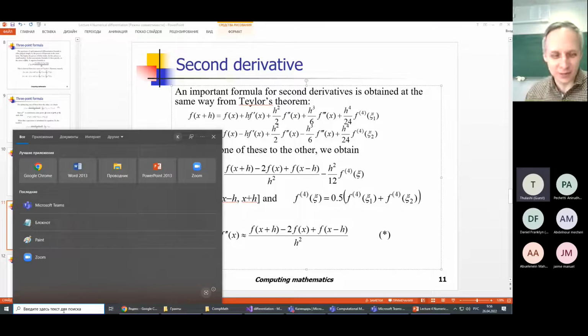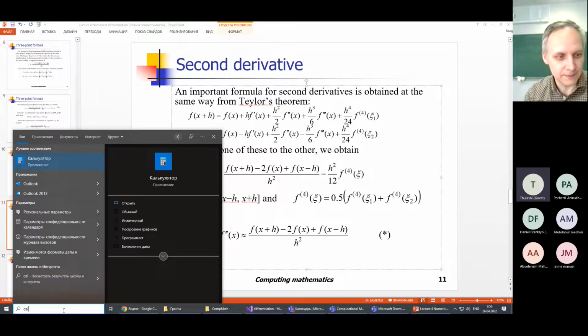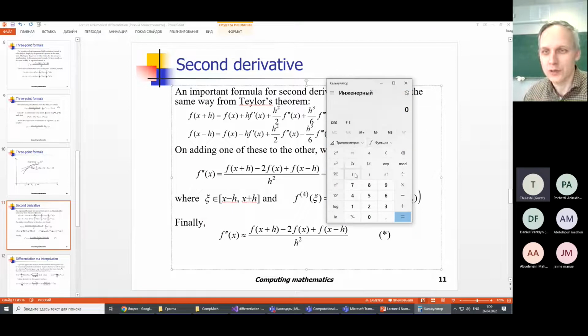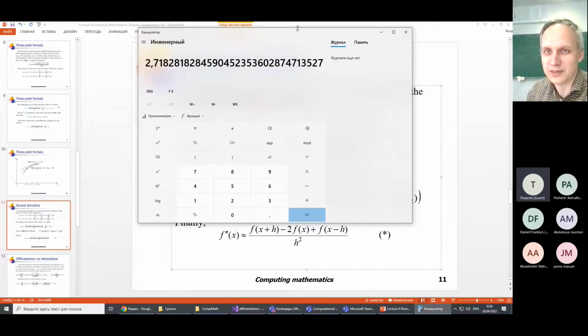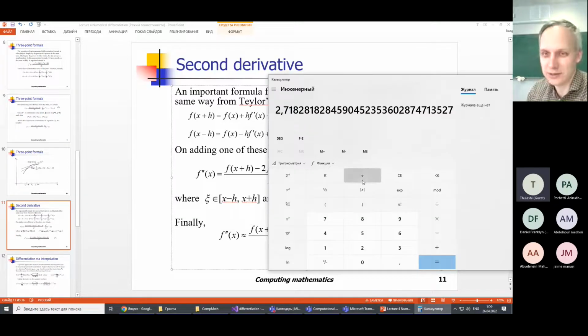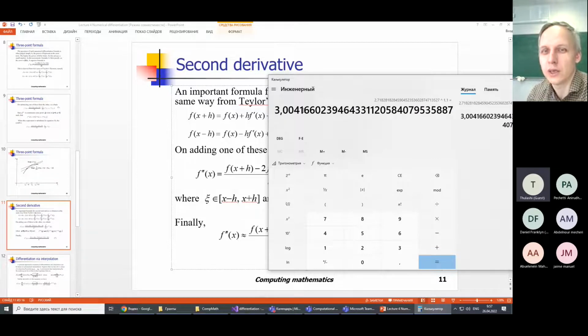On the calculator in Windows, you can find e, the precise value of e, and you can raise it to any power, for example 1.1, and get the value 3.00416.